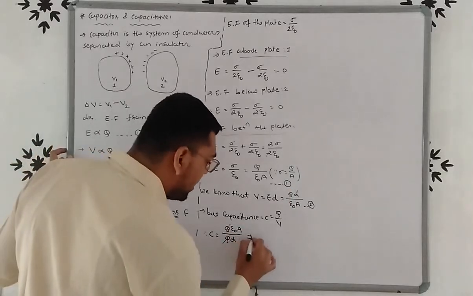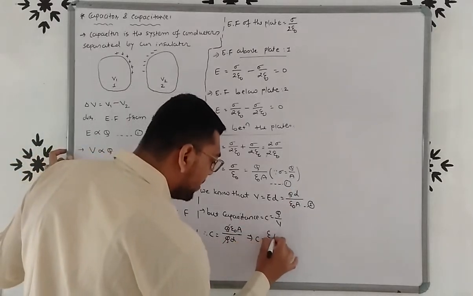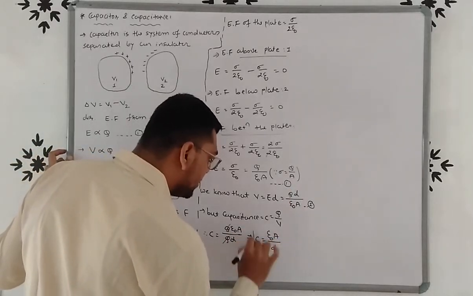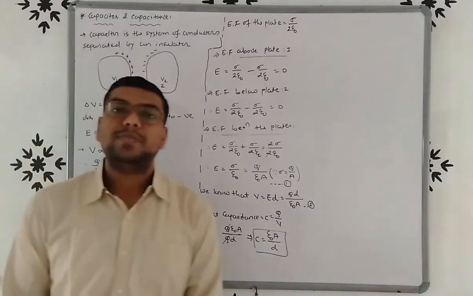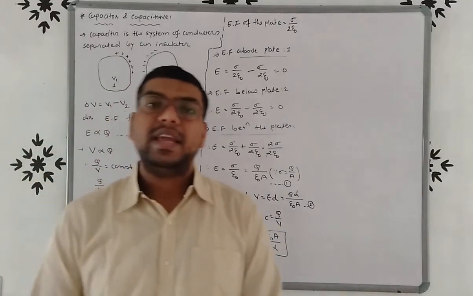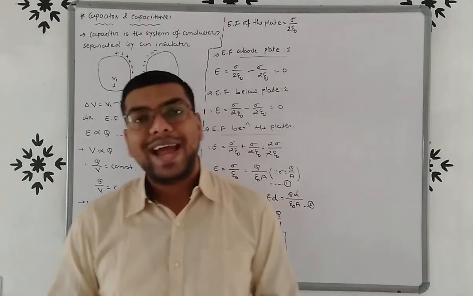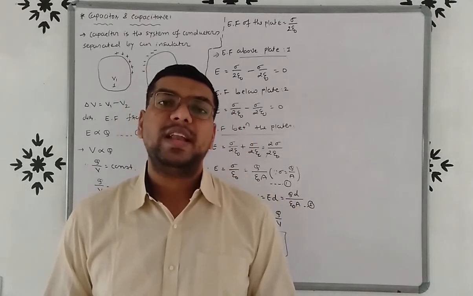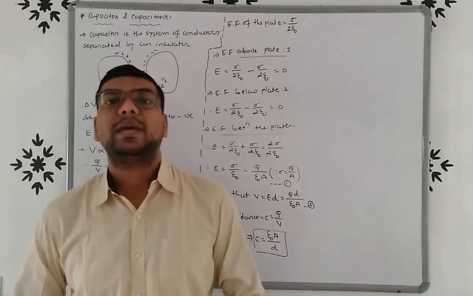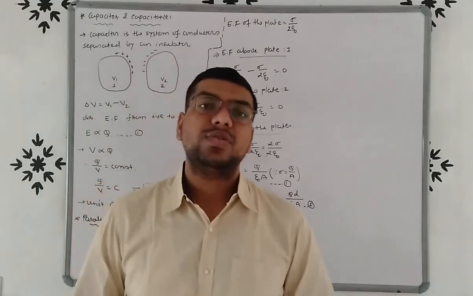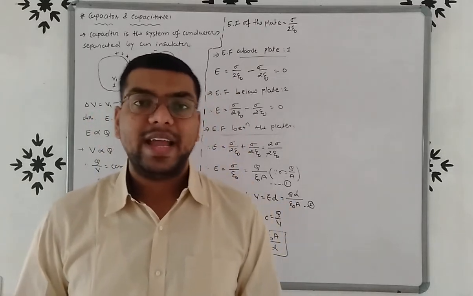So the formula of capacitance for parallel plate capacitor is C is equals to epsilon 0 A by D. So friends, you have to remember this formula of capacitance for parallel plate capacitor, that is C is equals to epsilon 0 A by D.